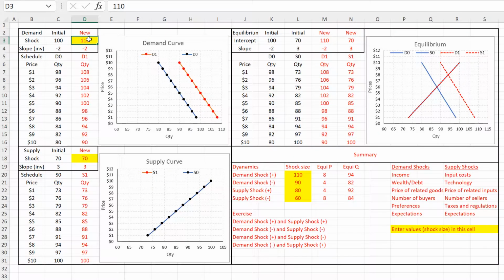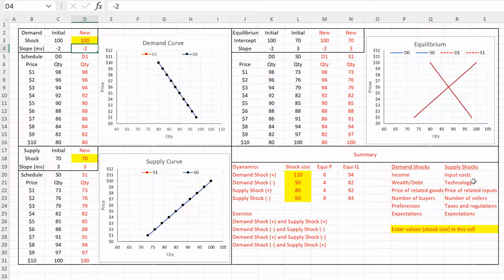We can also think of a negative shock to the supply. Say, for example, an increase in the cost of manufacturing this product. So anything that goes in making this product is now more costly to acquire for the sellers or the suppliers. And this example is of a negative supply shock.